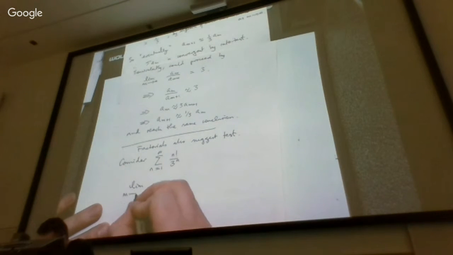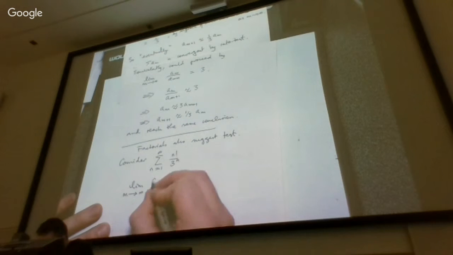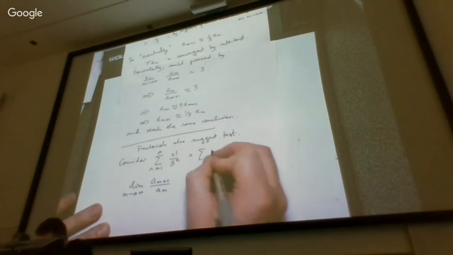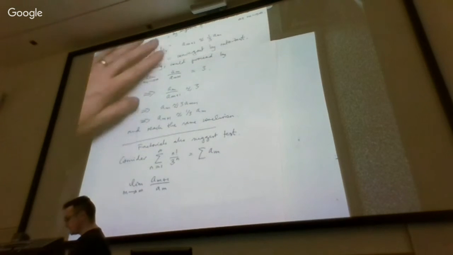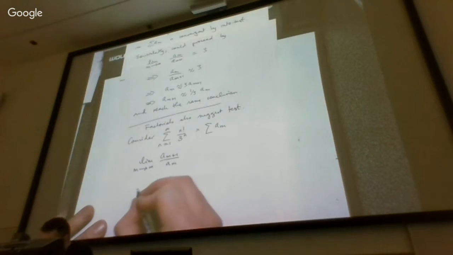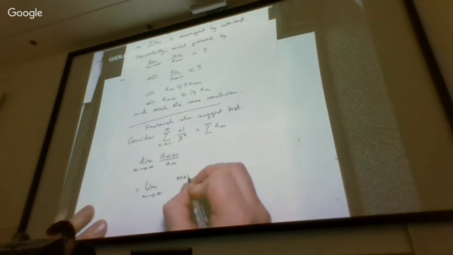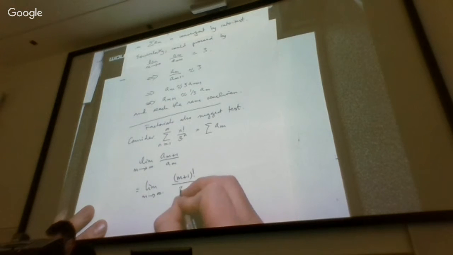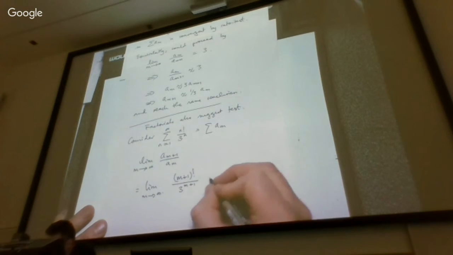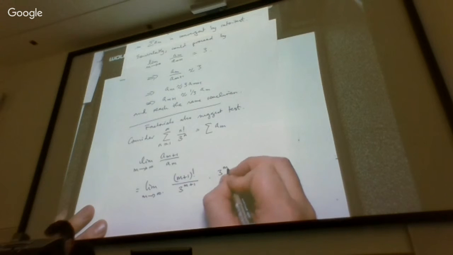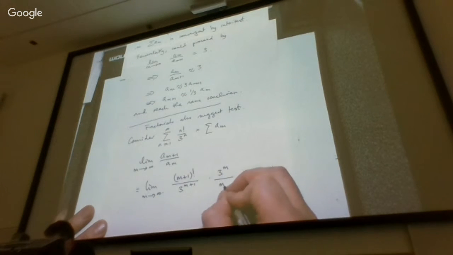well here, if you looked at the ratio of a_(n+1) over a_n, this is our sum of a_n. So here you're looking at the limit where you've got (n+1) factorial over 3 to the (n+1). Then dividing it by a_n, which is 3 to the n over n factorial.